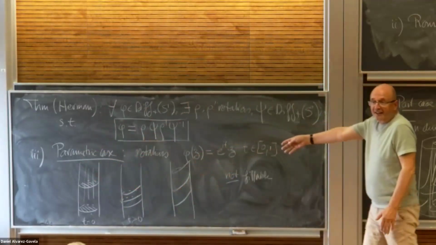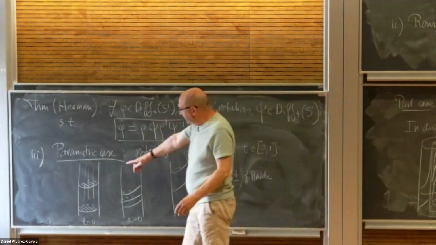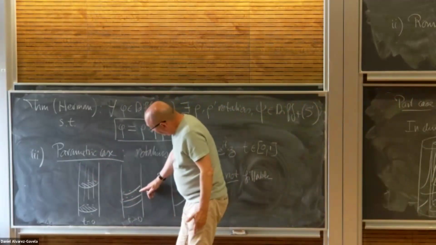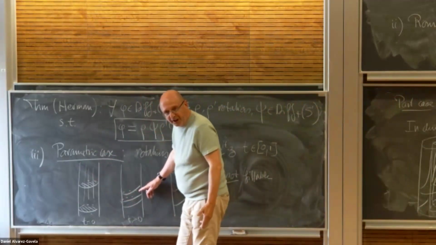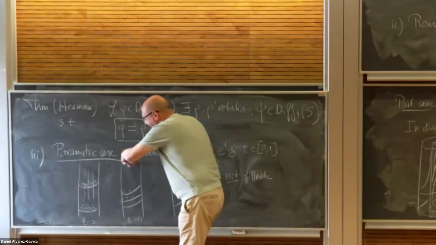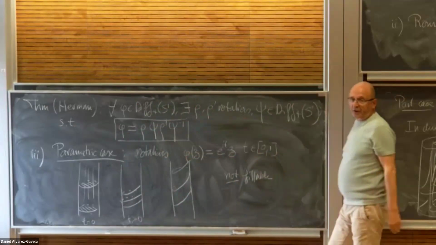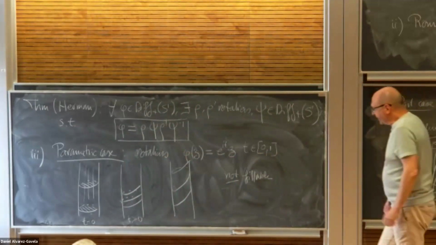And the base is a disk, it's simply connected. So every leaf would have to be itself a disk. And so if t is non-rational multiple of 2 pi, then these leaves are infinite, not compact, and of course they cannot be boundaries of the disk. So that's bad news.